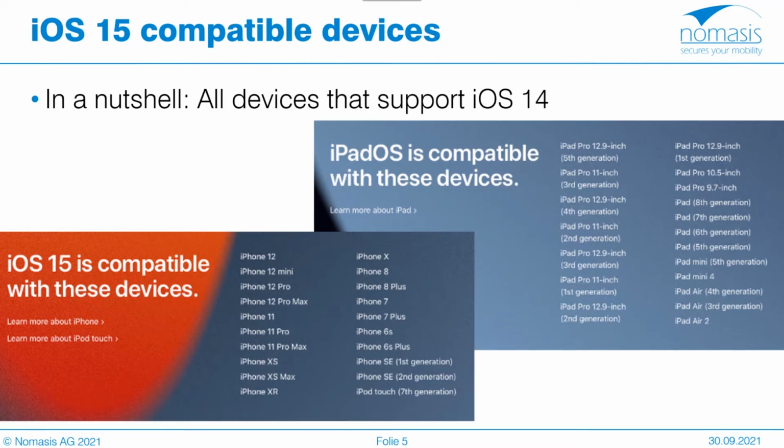Same goes for iPads. So the original iPad Air is not supported anymore, but it was also not supported on iOS 14, which makes iOS 15 the 5th iteration that was supported on iPhone 6S, for example.